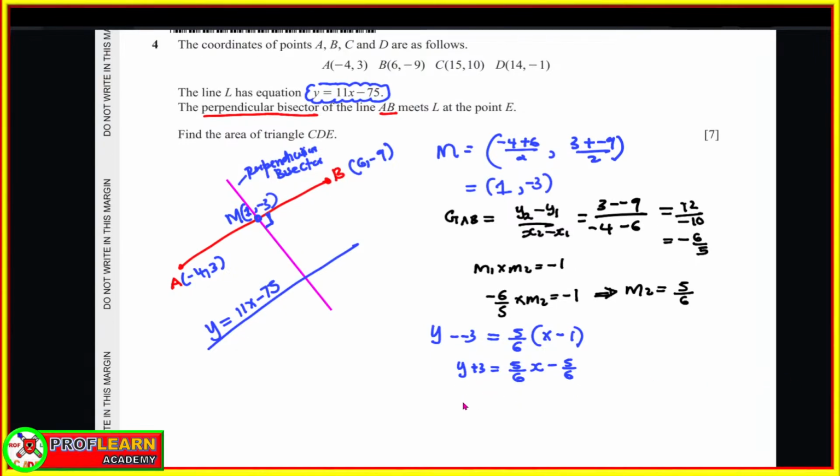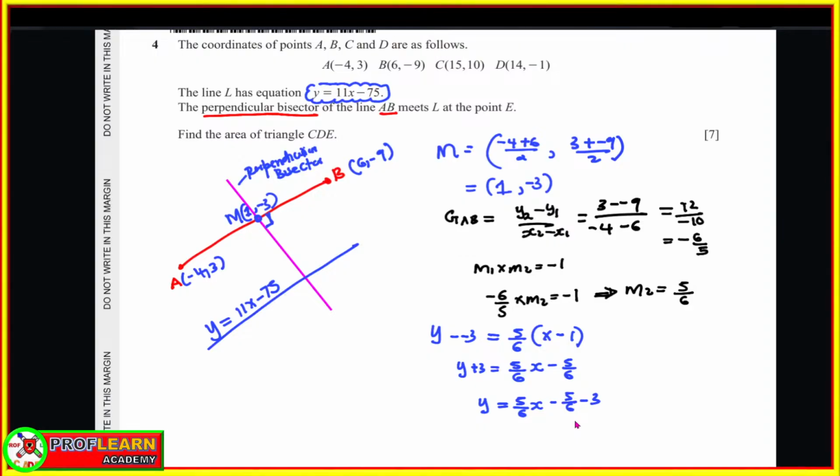So we can say therefore that y is equal to 5 over 6x minus 5 over 6 minus 3. So if you simplify this, we are going to have minus 5 over 6 minus 3.